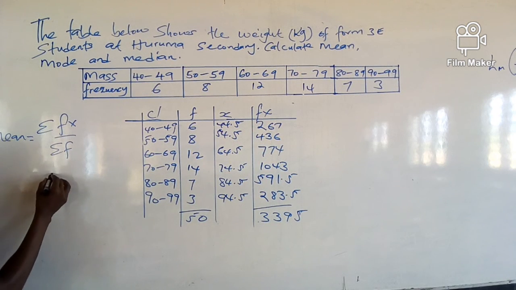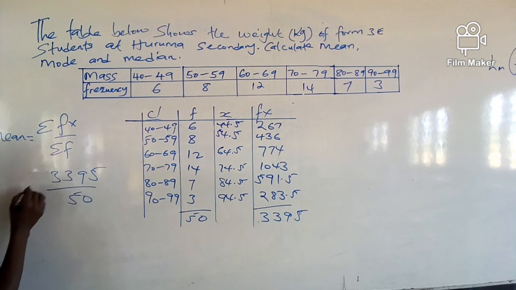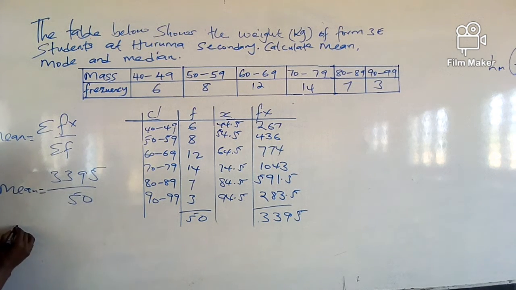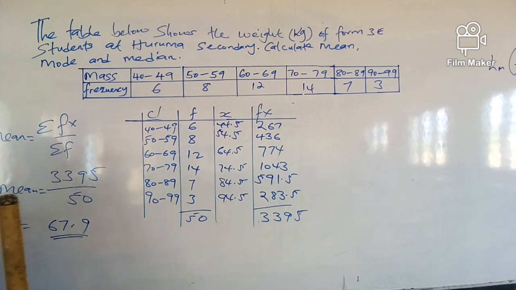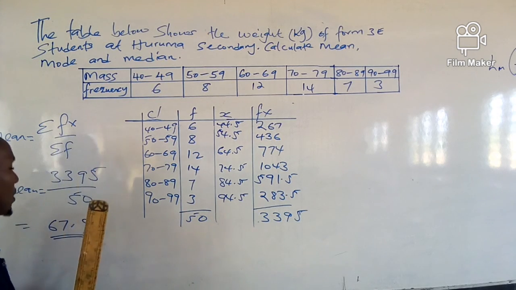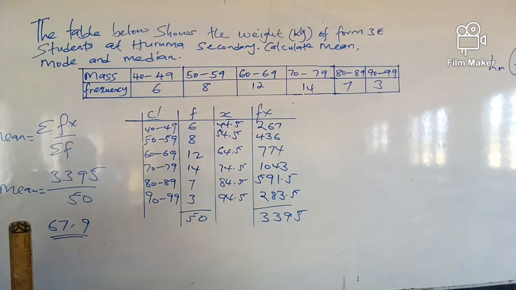So the formula gives 3,395 divided by 50, so our mean here is 67.9. This is the mean of this distribution, so our answer is 67.9 as the mean of the data.